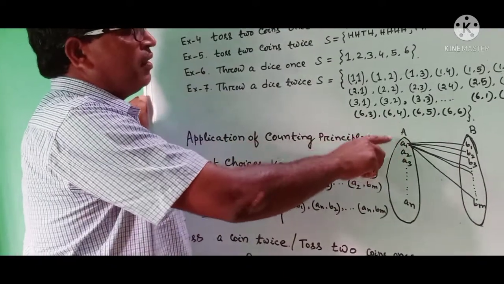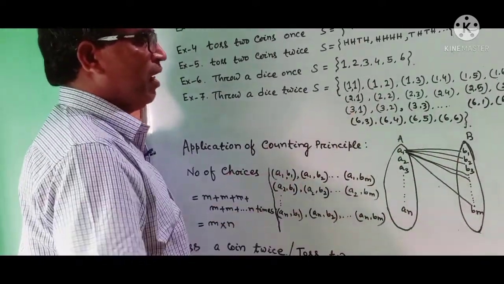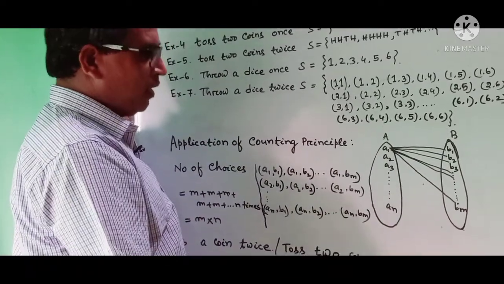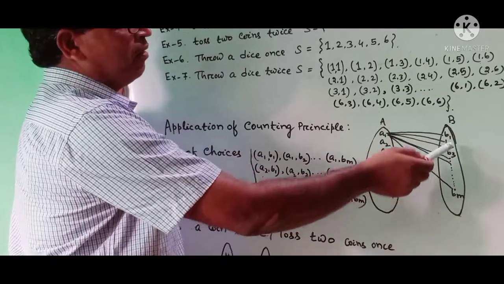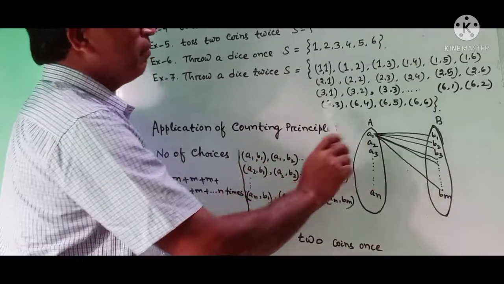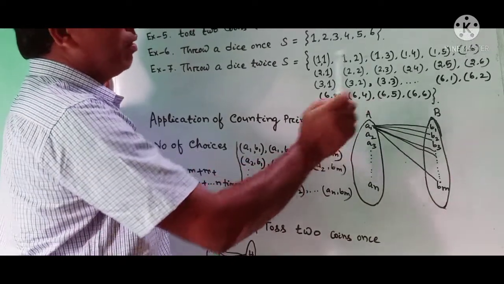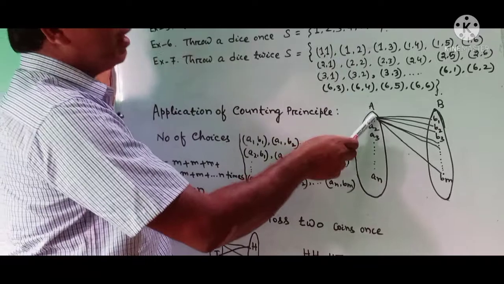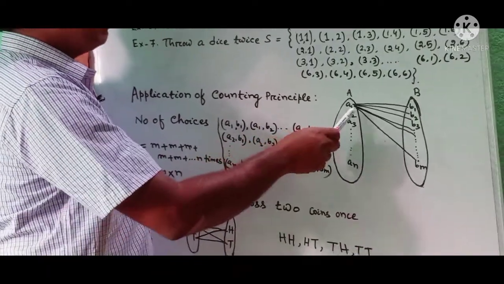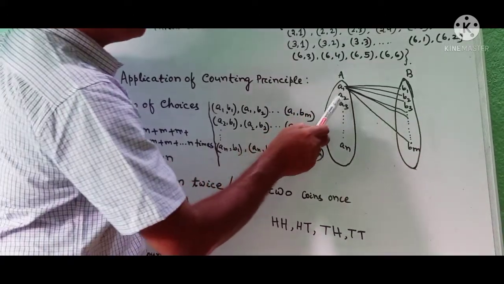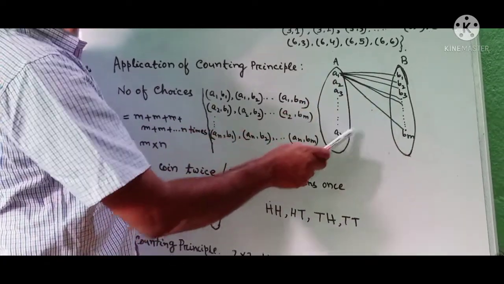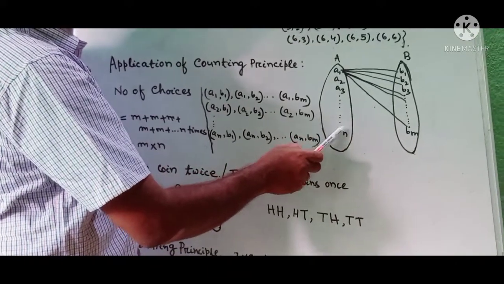Here I have taken two sets: set A having the elements A1, A2, A3 up to AN, and set B having the elements B1, B2, B3 up to BM, and we make choices from A to B. That means A1 B1, A1 B2, up to A1 BM, then A2 B1, A2 B2, A2 B3, like this, and last AN B1, AN B2, up to AN BM.